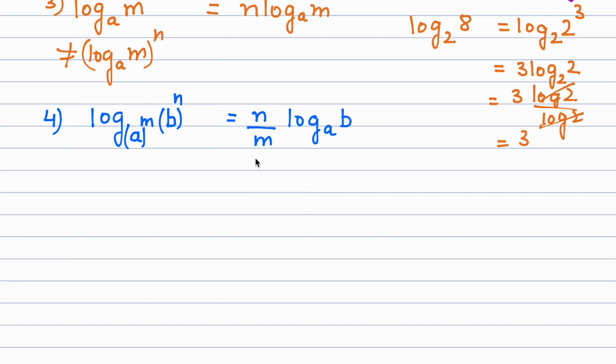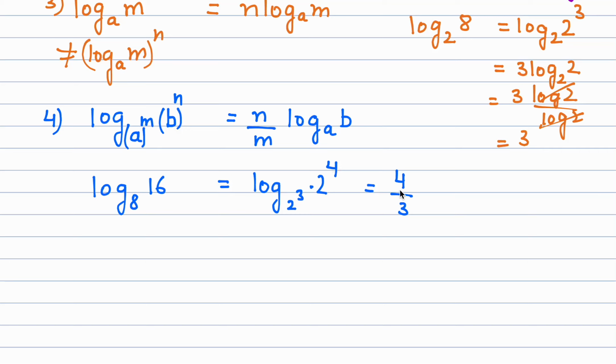Now let's again see a question where the base rule and this property will come together, and the question will be super easy. Let's say my question is log of 8 base 16, right? So I know 8 is 2 cubed and 16 is 2 to the power 4. So let's write it as log of 2 cubed base 2 to the power 4. So here 4 is at the place of m in the property, 4 by 3.